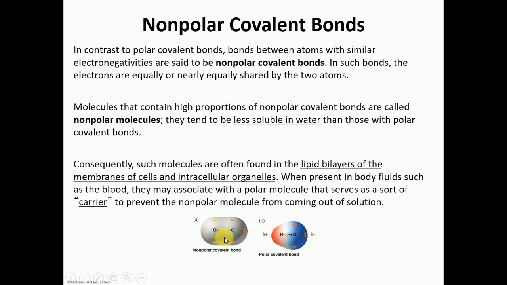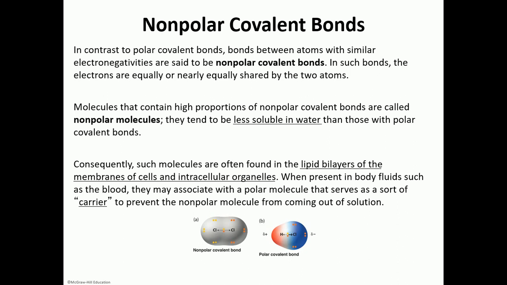You can see here again these 2 chlorine atoms, they are equally sharing the electrons in the middle. Hence, it is a nonpolar covalent bond. And that is because the electronegativity, or the power to pull those electrons towards themselves, is equal. Okay, they are equally strong. Therefore, the sharing is going to be equal.